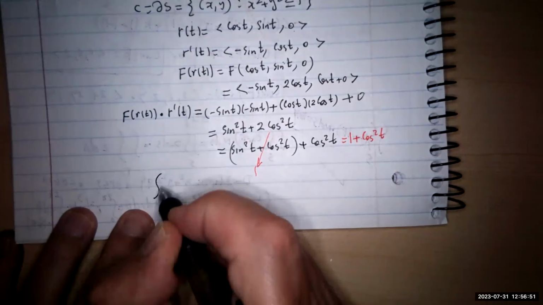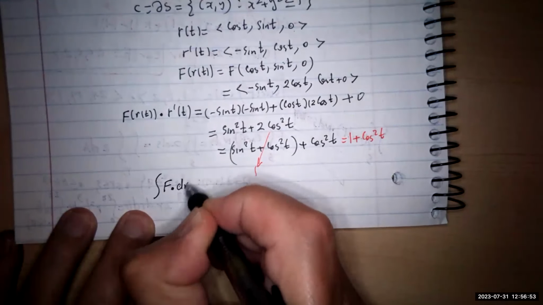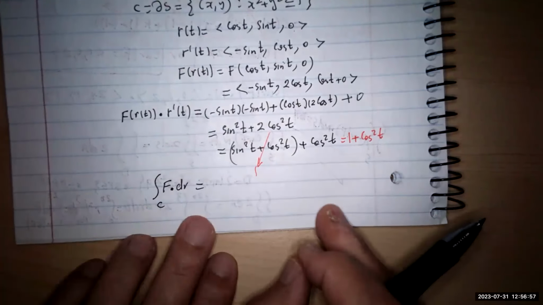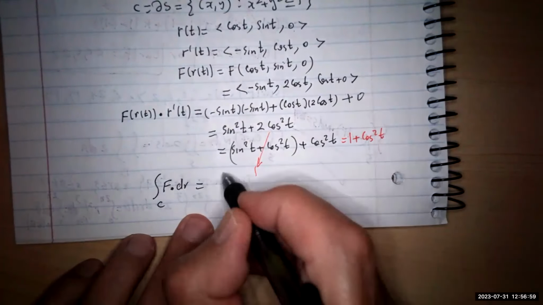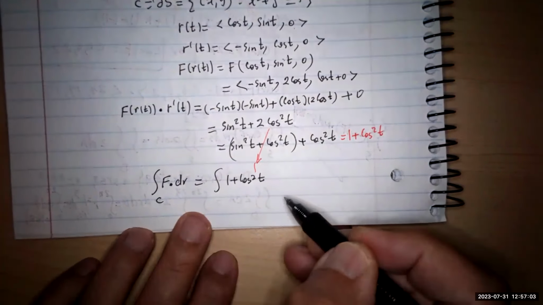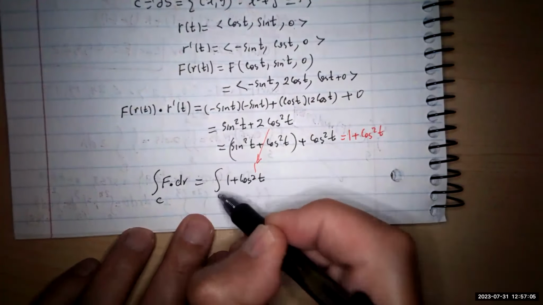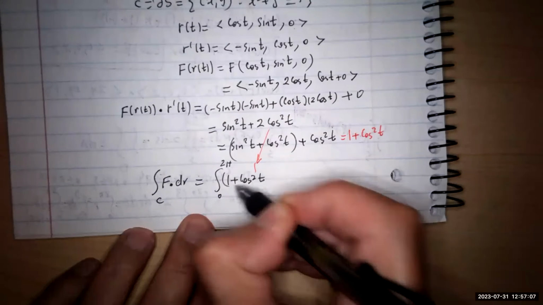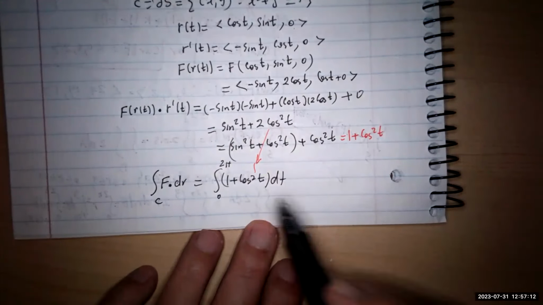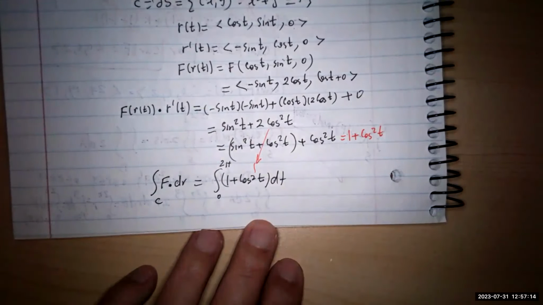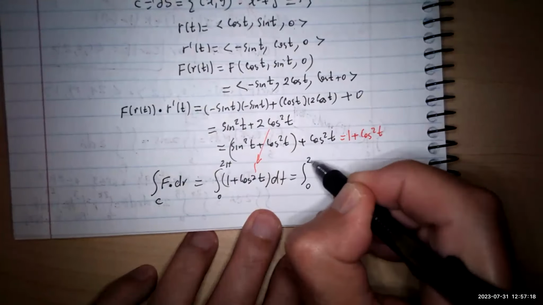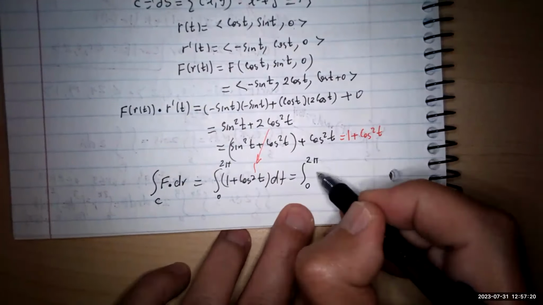So this is it. The line integral of f dot dr over C is going to be equal to, so this is the result, the integral of 1 plus cosine squared of t, unit circle, no restriction, 0 to 2 pi, dt. You have to integrate this one. You know that you have to change the cosine squared into a double angle to be able to integrate it. So it's going to be 0 to 2 pi, and that's going to be 1.